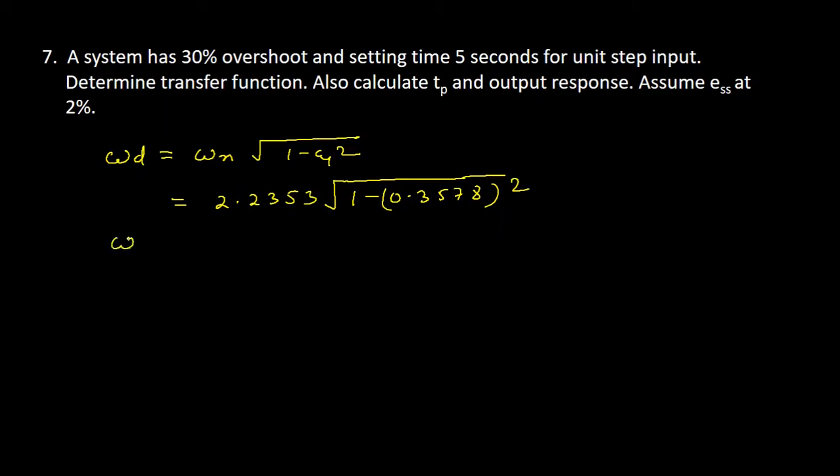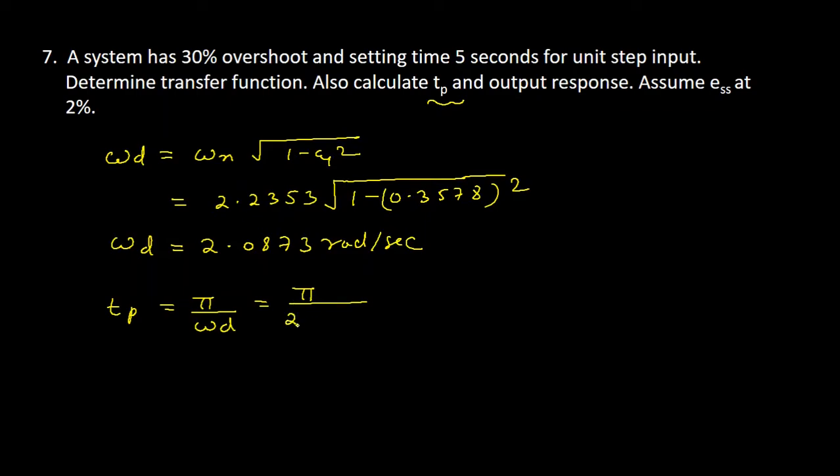When we solve this, we will get damped frequency of oscillation omega d is equal to 2.0873 radian per second. Now in this question, we have to find out peak time. We know the formula of peak time is pi upon omega d. Pi divided by omega d value is 2.0873. We will get 1.5051 seconds. So Tp is 1.5051 seconds we are getting.